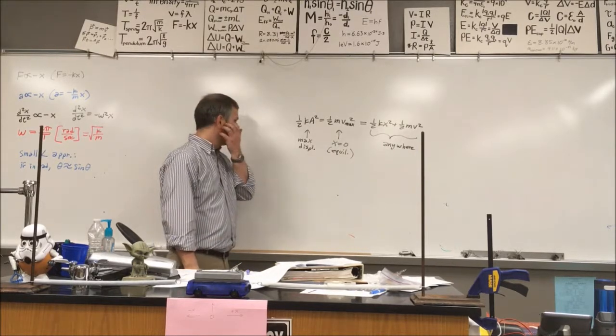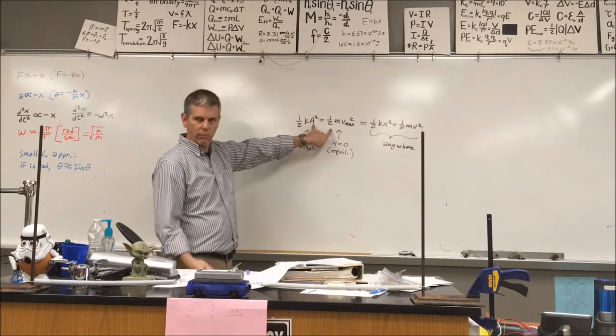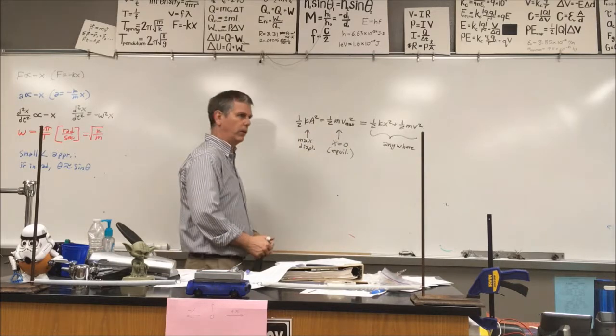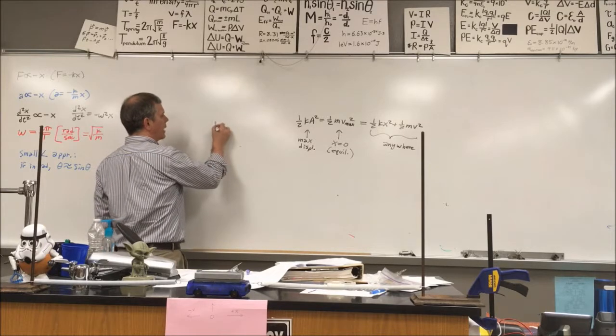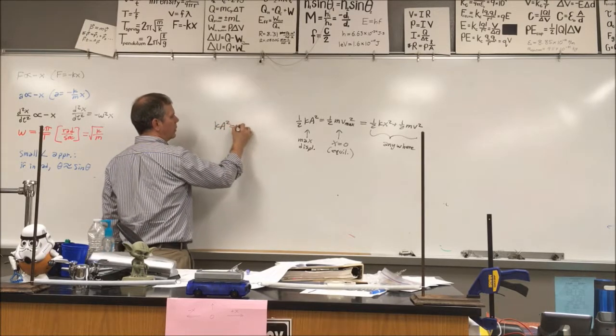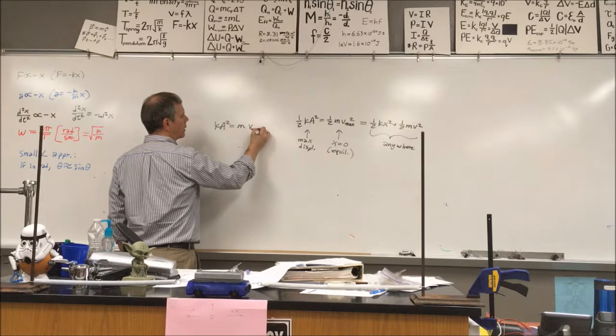And by the way, we took these two equations and we just decided to follow the white rabbit a little bit. Notice how the 1/2s cancel? Yes. And I get k a squared equals m v max squared.